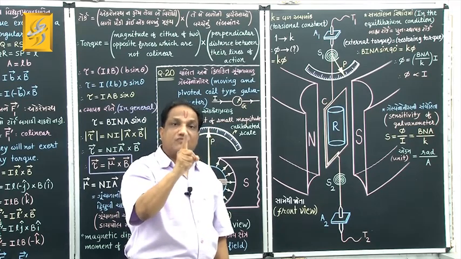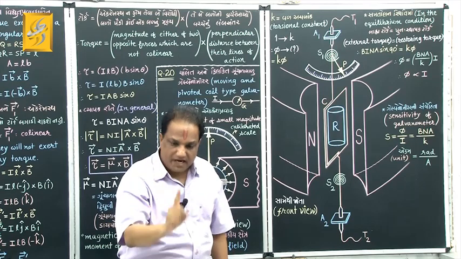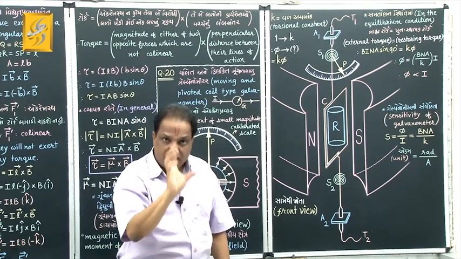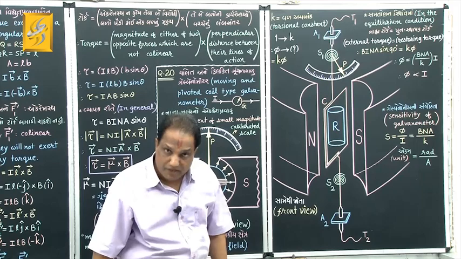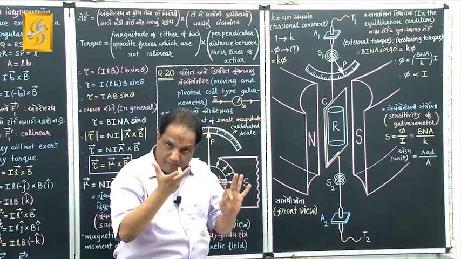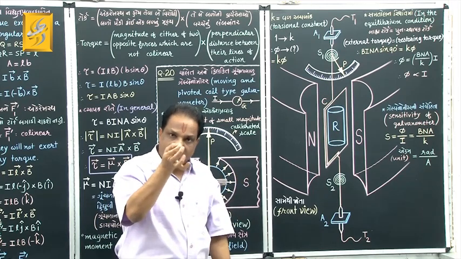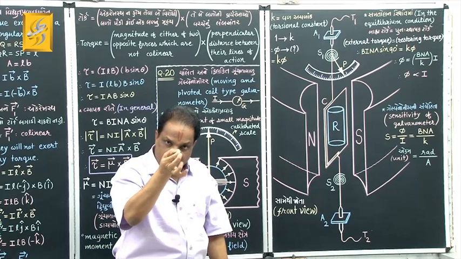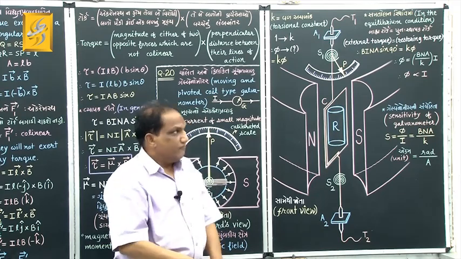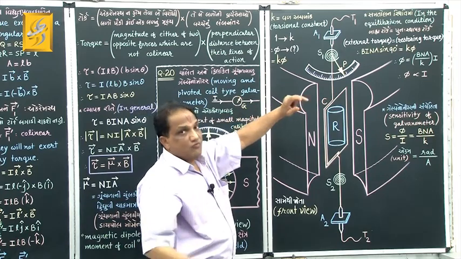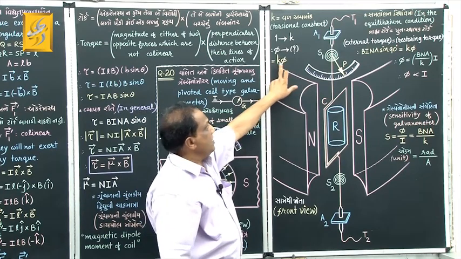That is the condition of equilibrium. At that stage and after, no further deflection of the coil is possible, and in that steady position, whatever is the angular deflection of the coil, we take it phi. Then for phi amount of angular twist, what is the restoring torque? It is k into phi.